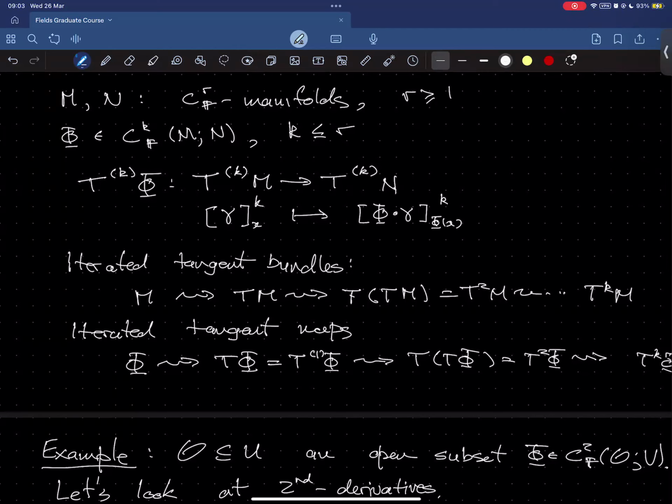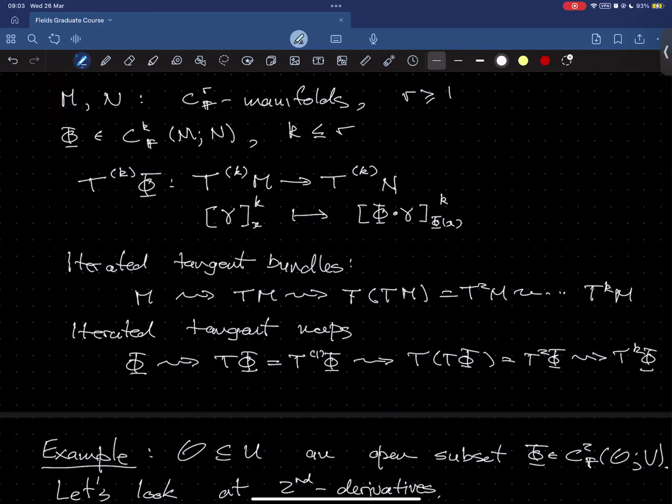And so you somehow think that these two versions of T^k phi should be related, and they are, but the relationship isn't so immediately straightforward.